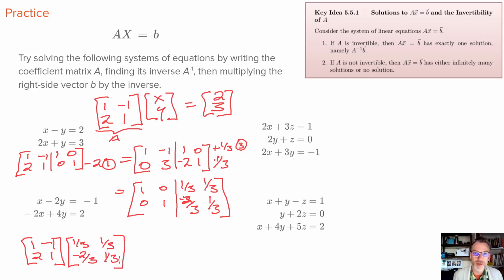It would be nice if I made a mistake so we can see what it looks like, but I don't think I did. Okay, so if I add these, I get 1, I get 1/3 minus 1/3, 0, 2/3 minus 2/3, 0, then 2/3 plus 1/3 is 1. So that is indeed the inverse. Now what I'll do is I'll solve this problem by multiplying on the left by A inverse on both sides of the equation.